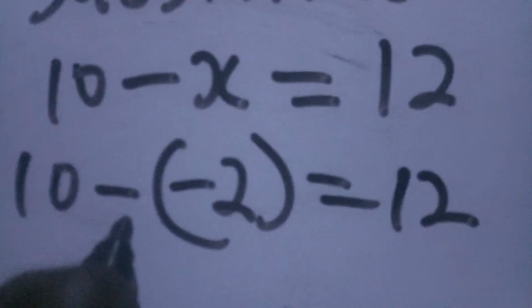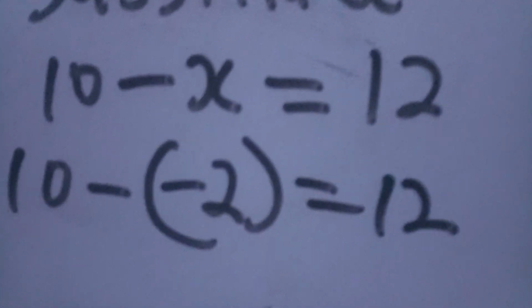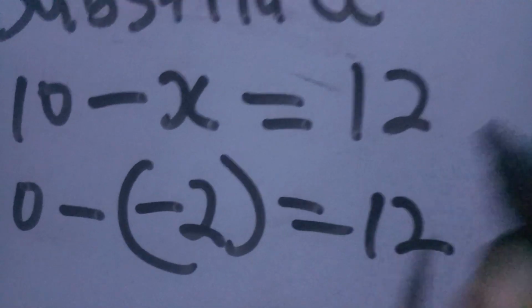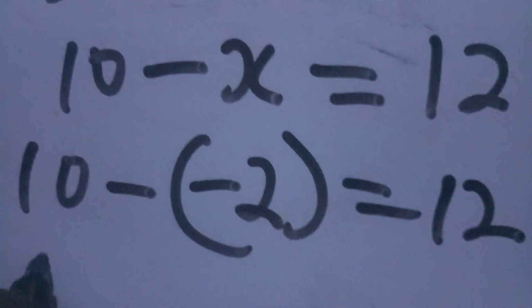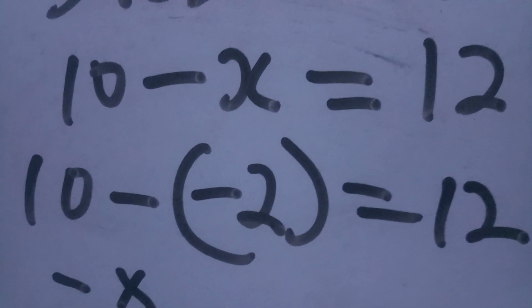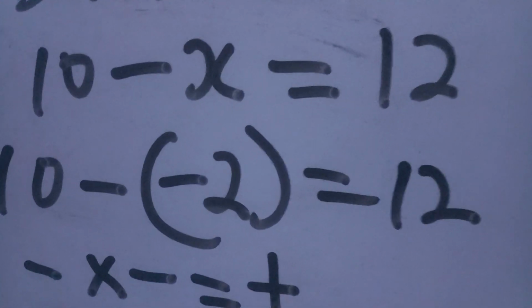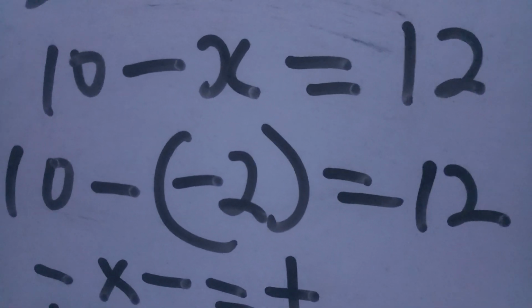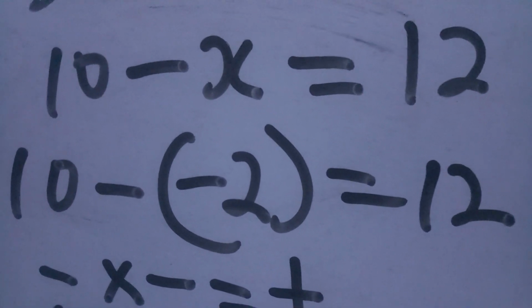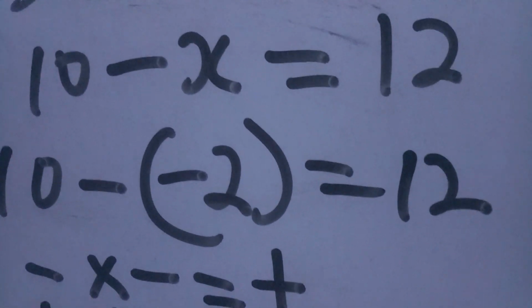Also, there's a rule in multiplication. Now, this is multiplication. Minus times minus will give you positive. Positive times positive will give you positive.